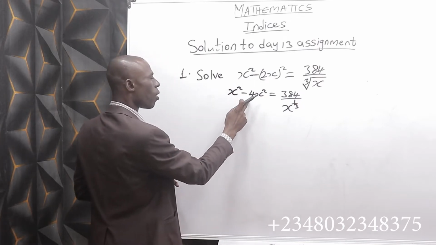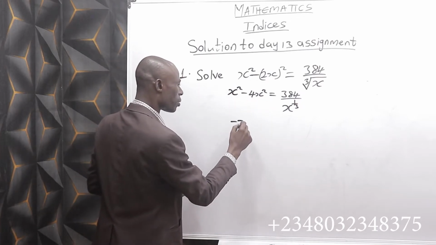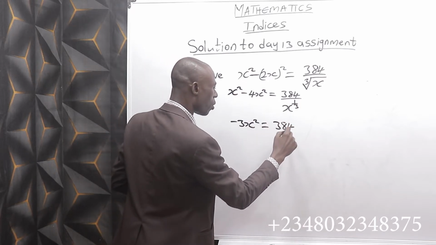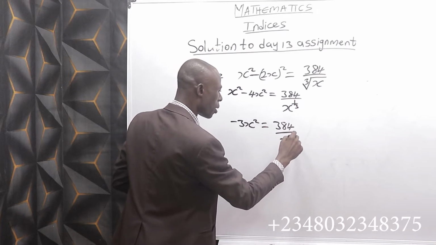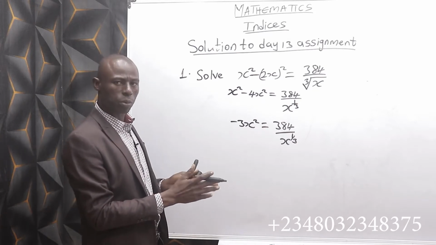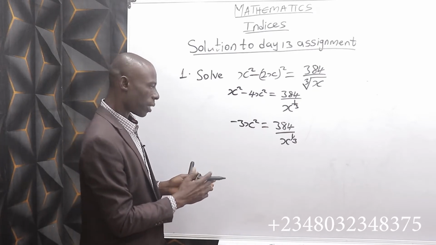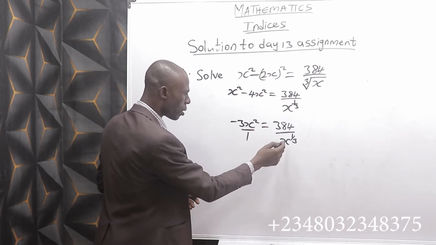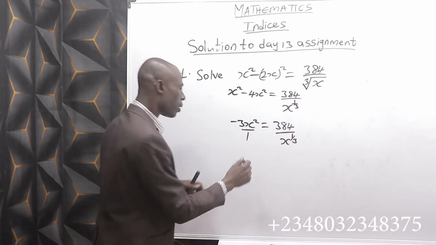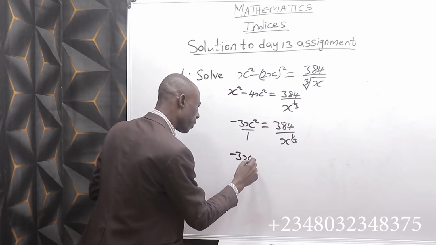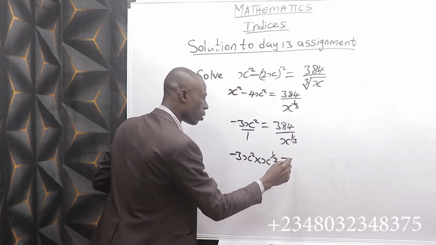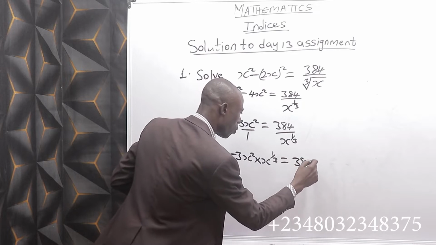So x squared minus 4x squared gives minus 3x squared, which is equal to 384 whole over x raised to power 1 over 3. The next thing to do here is to cross multiply for easy process. So if this is over 1, cross multiply x raised to power 1 over 3 times minus 3x squared. We have minus 3x squared times x raised to power 1 over 3 equals 384.